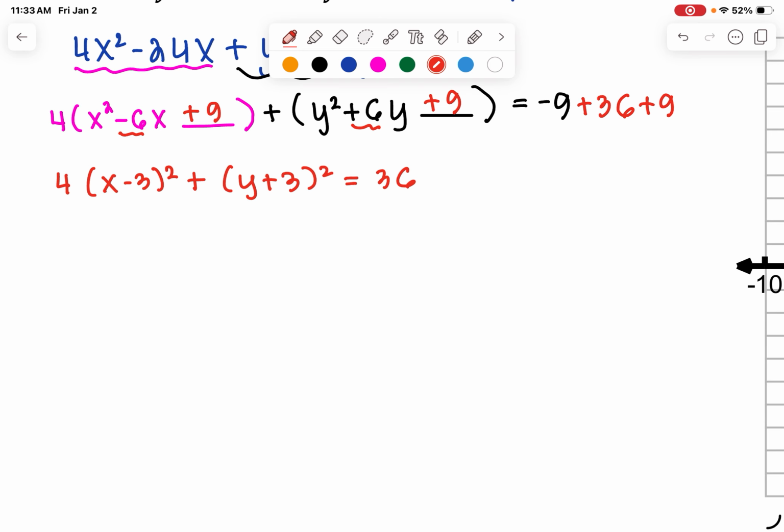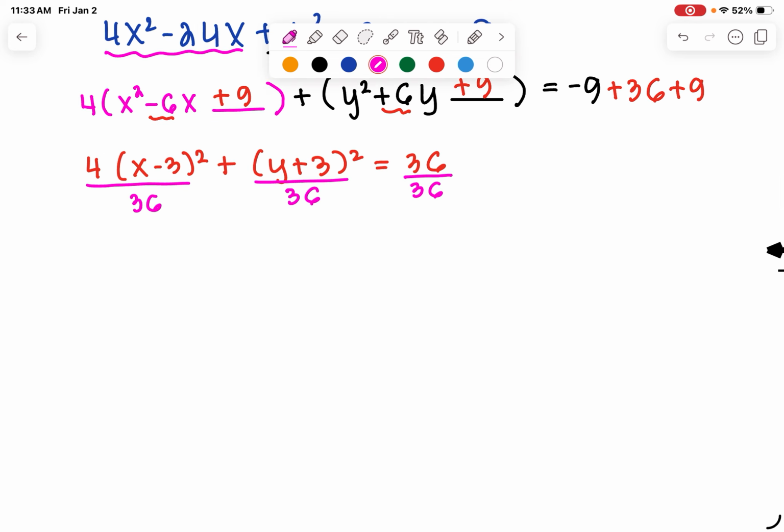The only difference is for an ellipse, we want it equal to 1. So we're going to get it equal to 1 by dividing everything by 36. And then we're going to simplify any of our fractions that we can simplify. This fraction we can simplify. 4 goes in here once. 4 goes in here 9 times.